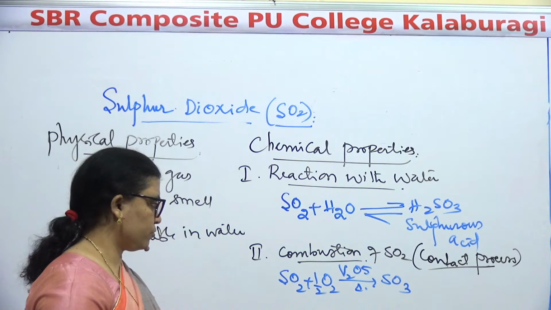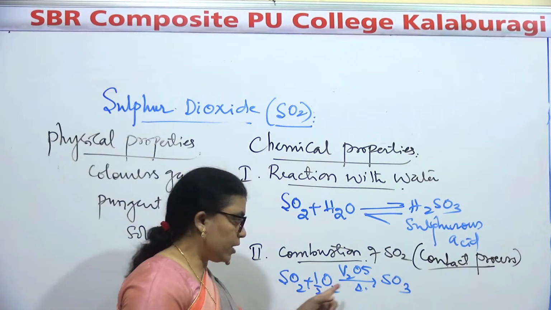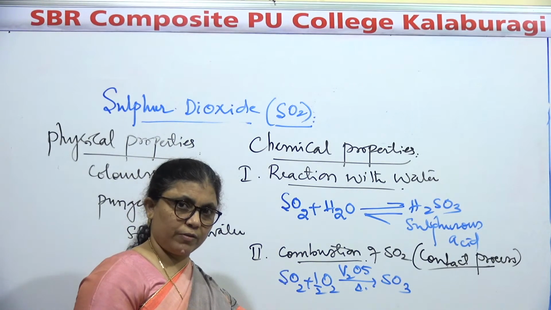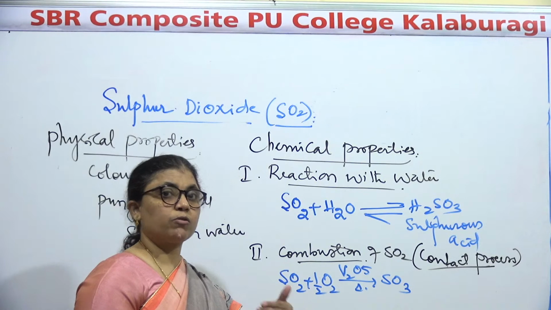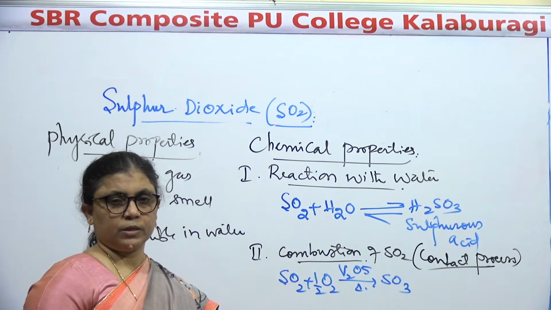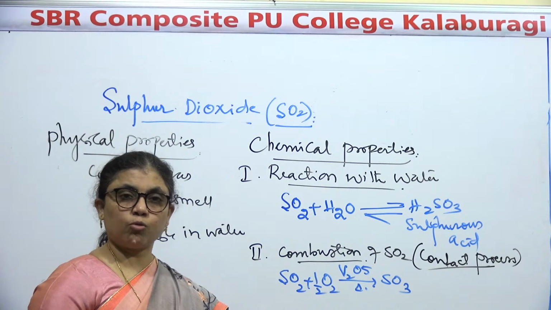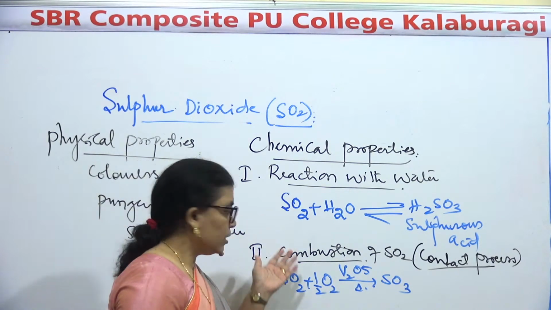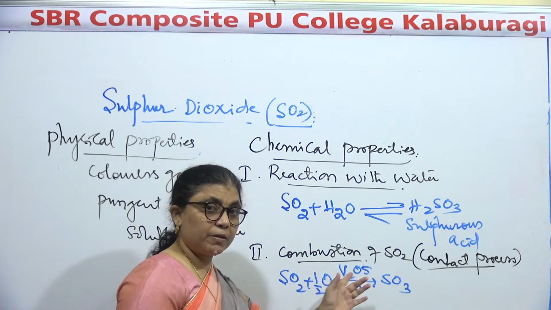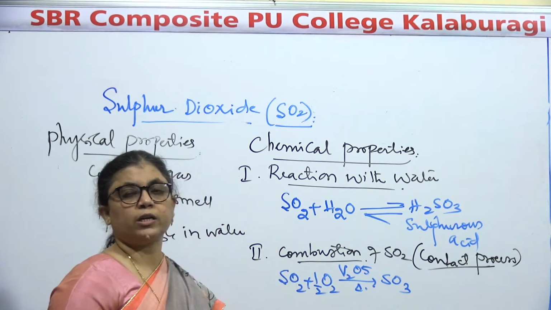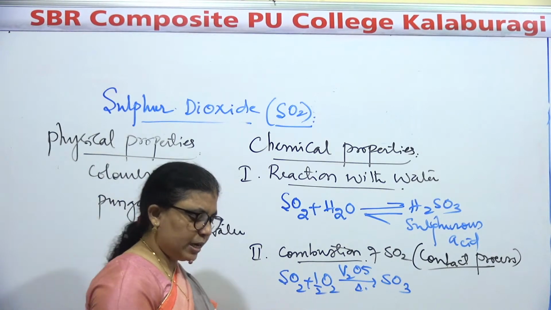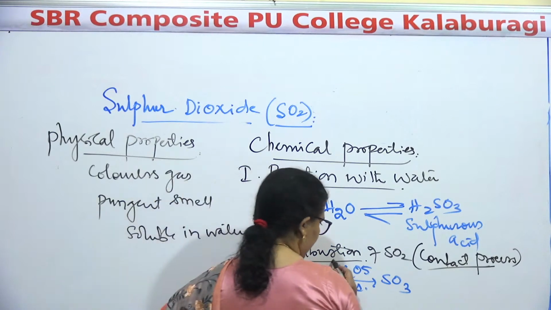The contact process involves sulfur dioxide to sulfur trioxide, sulfur trioxide to oleum, and oleum to sulfuric acid. H2S2O7 is called oleum. This combustion of sulfur dioxide is the most important reaction in the contact process, because in the presence of vanadium pentoxide it is possible.